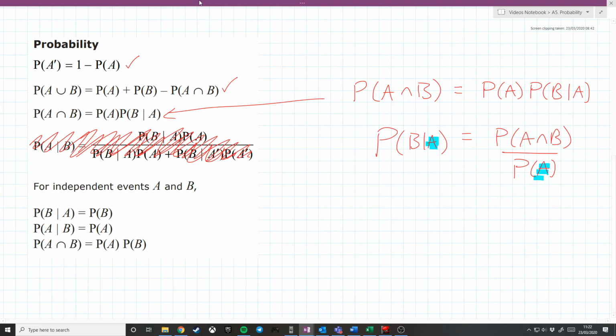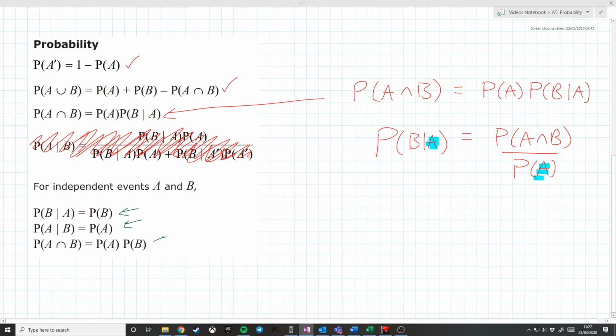And that's the same idea. Now they're very kind. They also give you these things which we discussed before. These are the checks for independence. And that means that if these things are true, you can say they're independent.